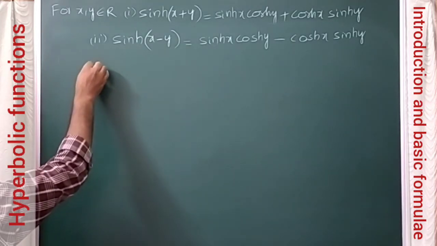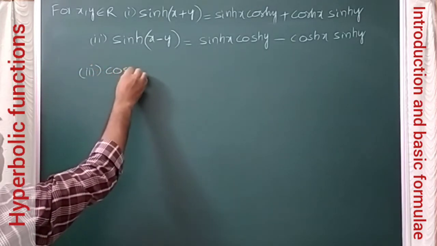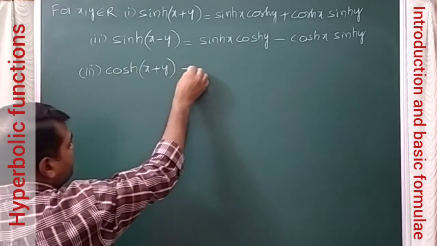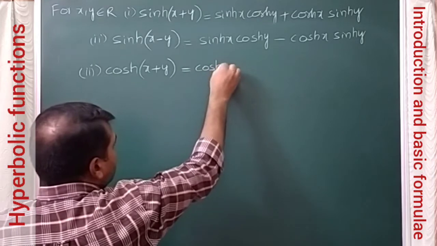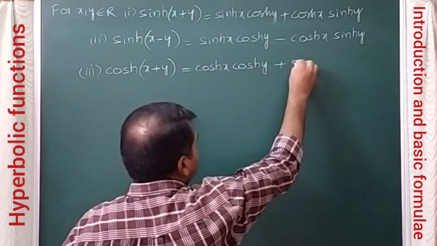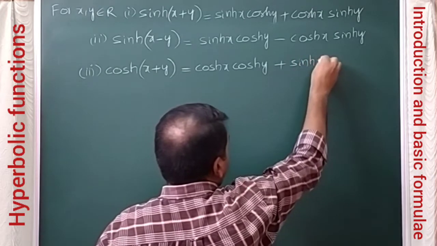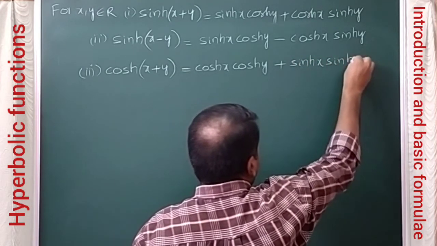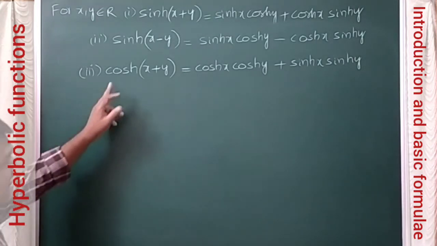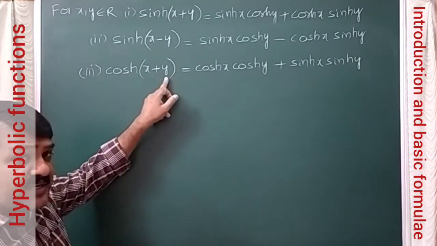Next, third one, it is cosh of x plus y. This is cosh x cosh y plus sinh x sinh y. Now this is like the cos a plus b formula of trigonometric functions.